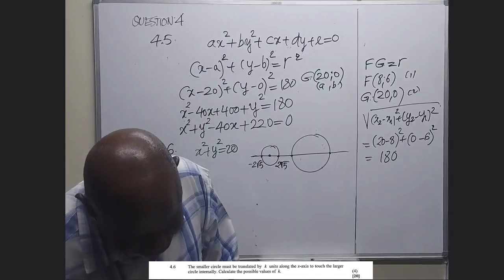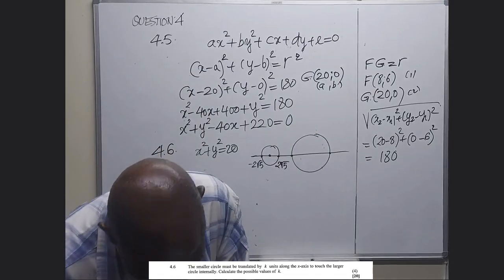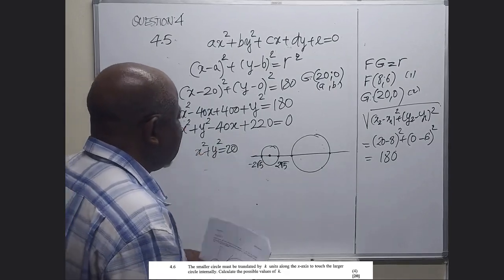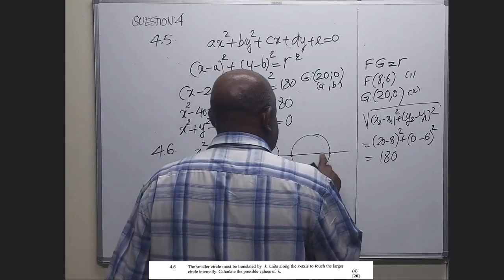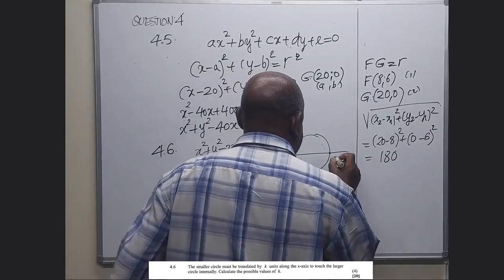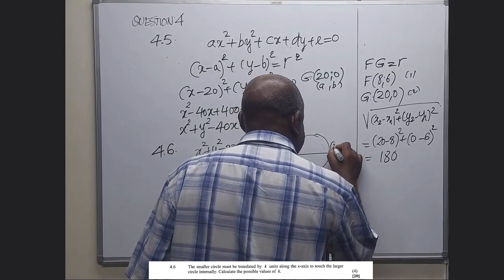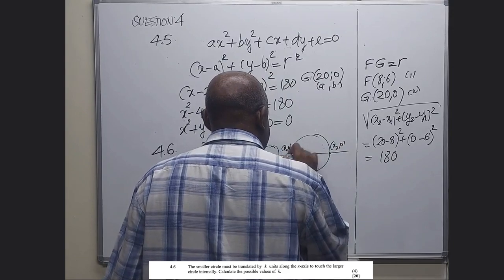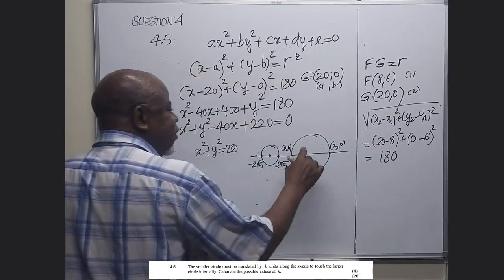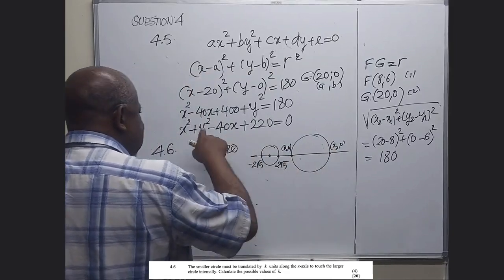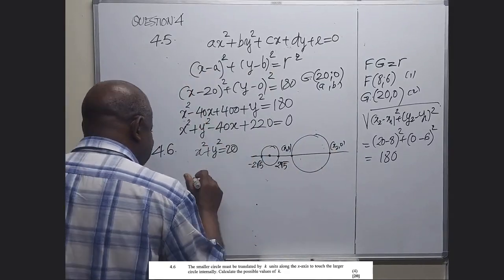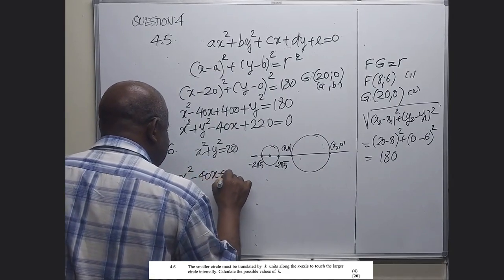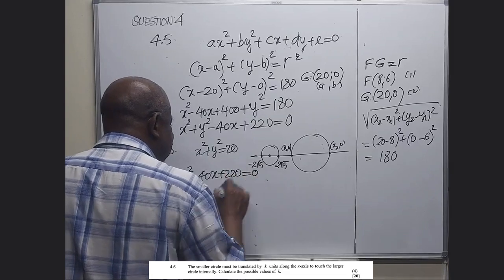Now, for the larger circle, we need to solve for x. These 2 points will have the coordinates x2, 0 and x1, 0, meaning the second coordinate will be 0. Here, y will be replaced by 0. We will have x squared minus 40x plus 220 is equal to 0.